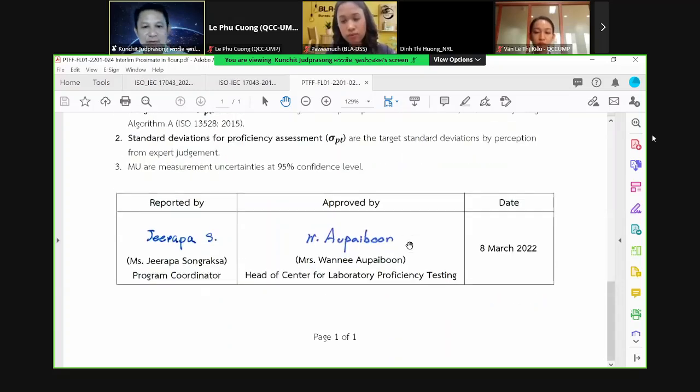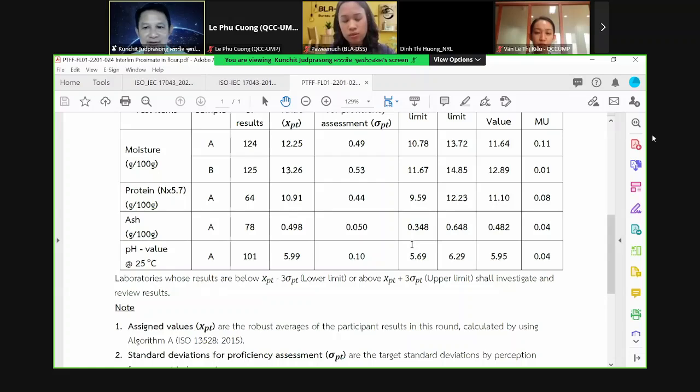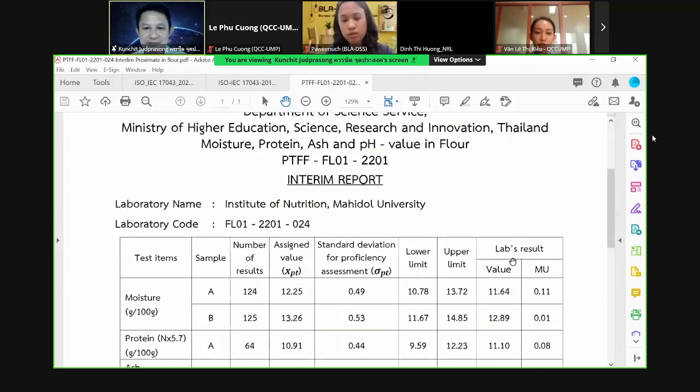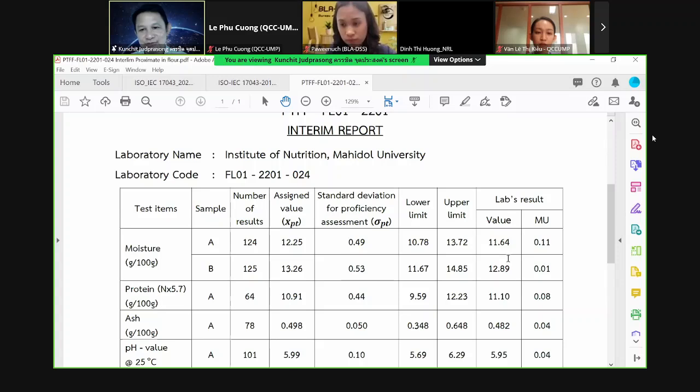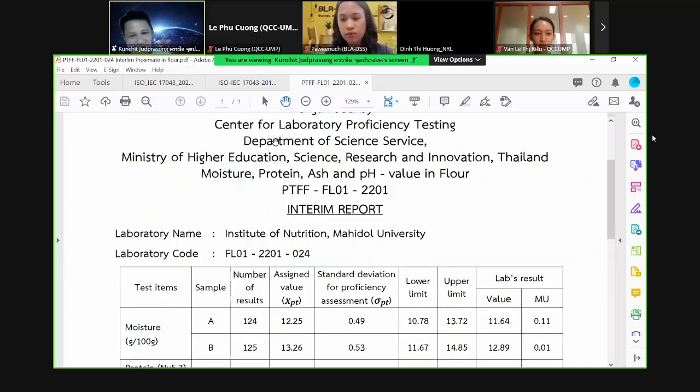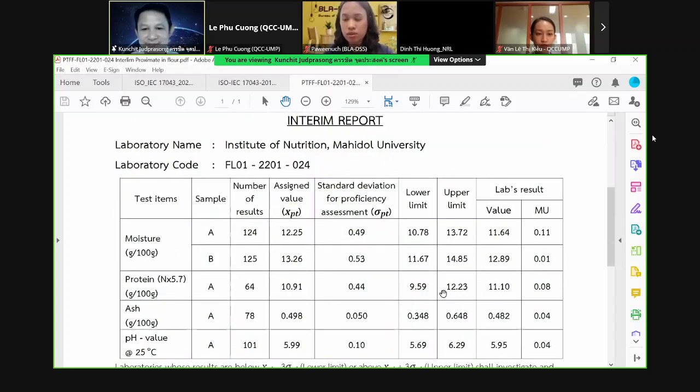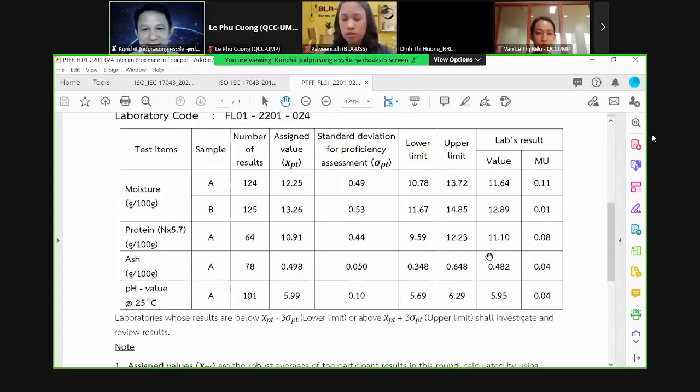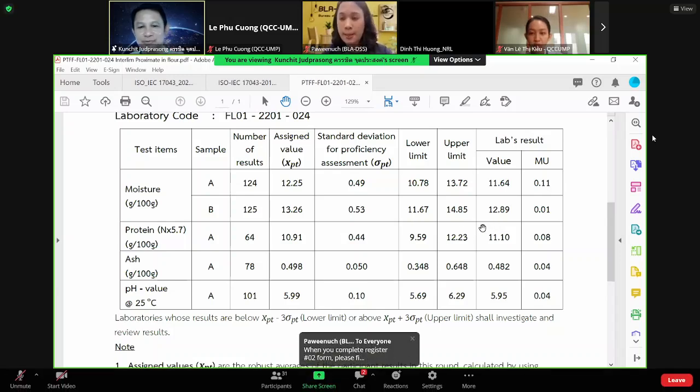But there is only one page for the interim report, no evaluation. But if you know the formula, we can calculate by the value here minus the SI value, divided by sigma PT here, so we will get the z-score. But the interim report is intended for checking the data that we intend to report.